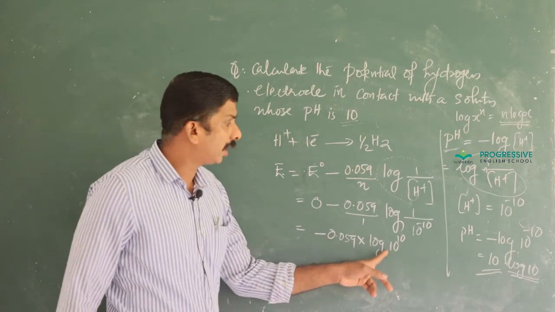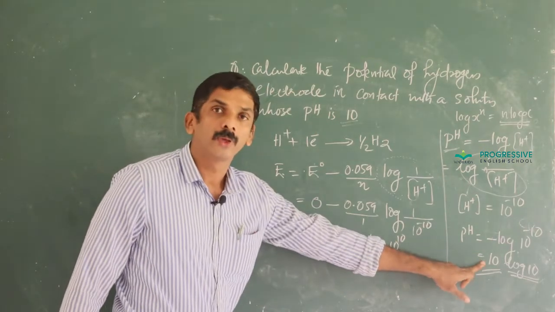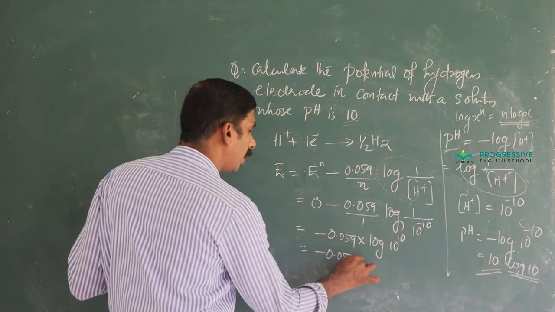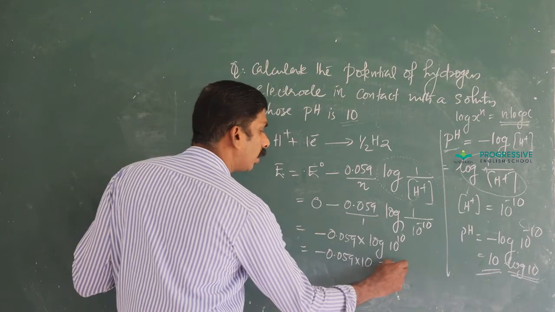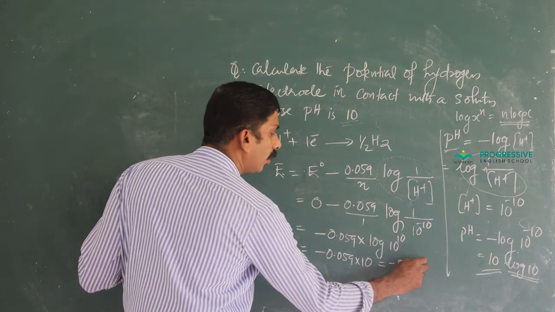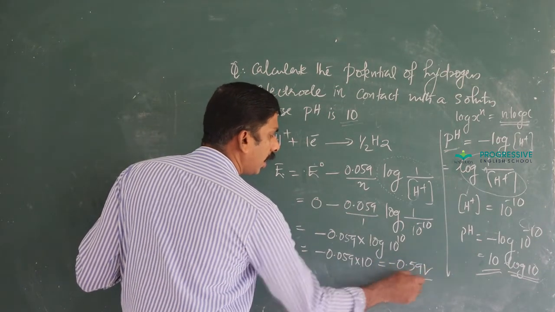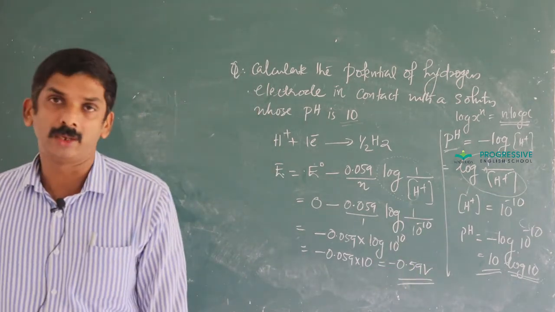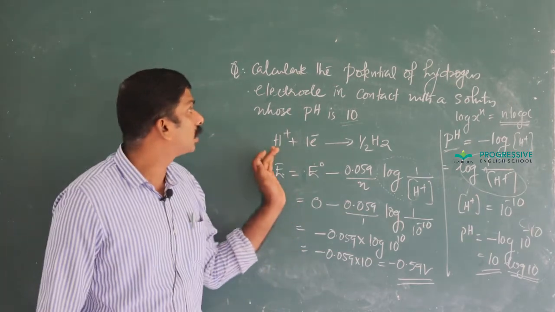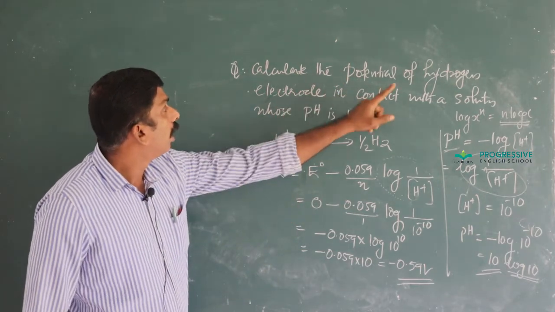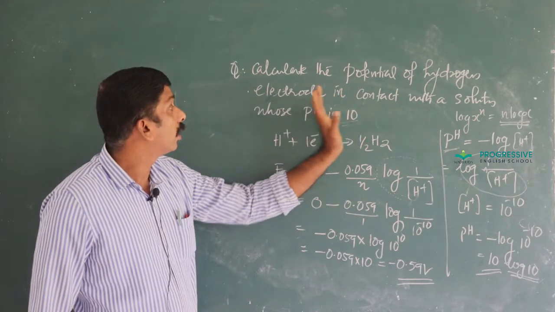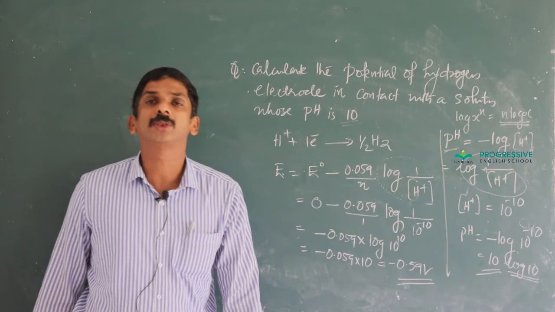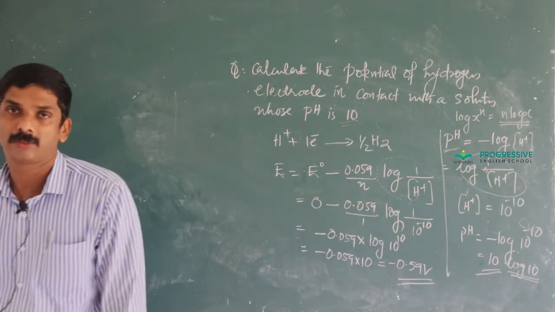Log 10 raised to 10 again means 10 log 10. 10 log 10 equals 10, minus 0.059 into 10, that is equal to minus 0.59 volt. This is the potential of the standard hydrogen electrode which is in contact with a solution whose pH equals 10.